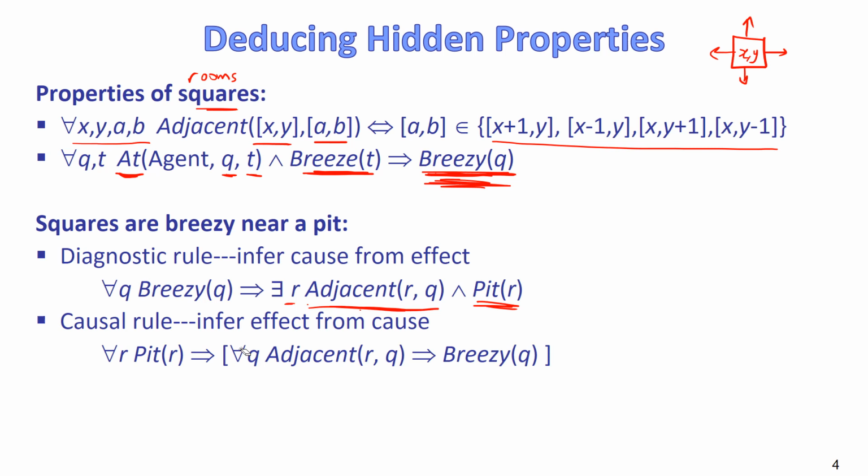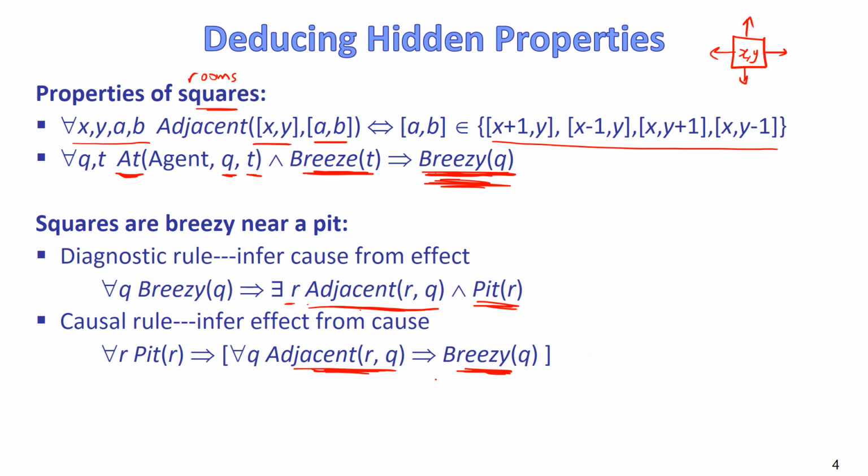So this rule means if we have a pit at room R, then we will smell, or there is a smell of breeze in one of the adjacent rooms. So there is a room that is adjacent, and if that room is adjacent, then we will smell breeze at that room.